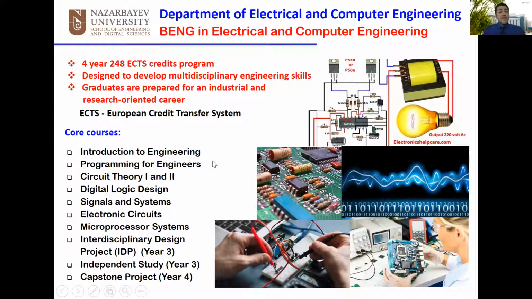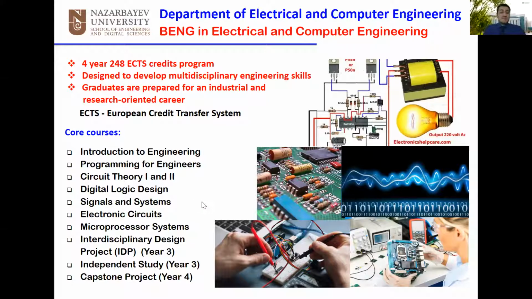Anyway, getting back to the core courses in electrical and computer engineering, we have Introduction to Engineering, Programming, Circuit Theory 1 and Circuit Theory 2, which mainly talk about circuit design. They are quite important as fundamental courses for getting ready to become an electrical and computer engineer.